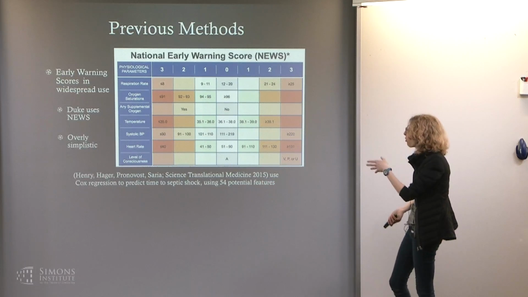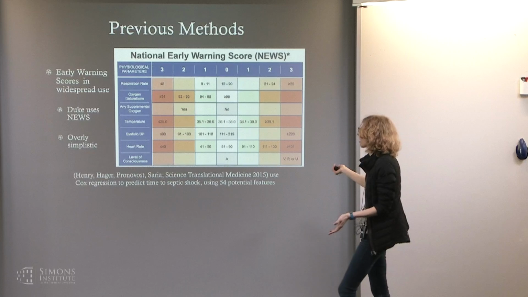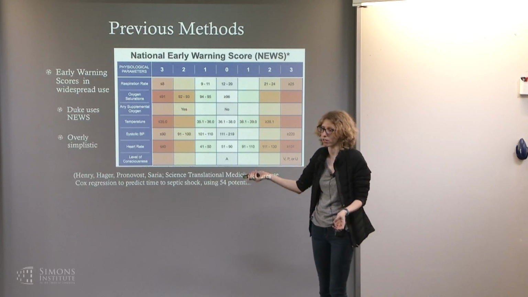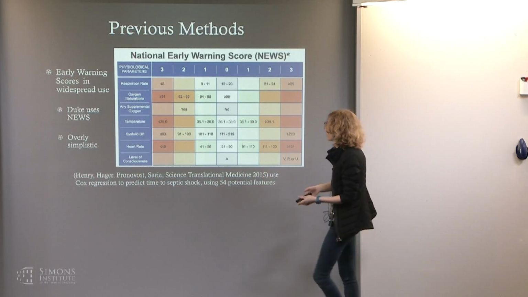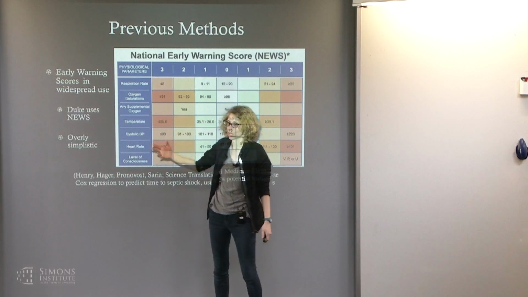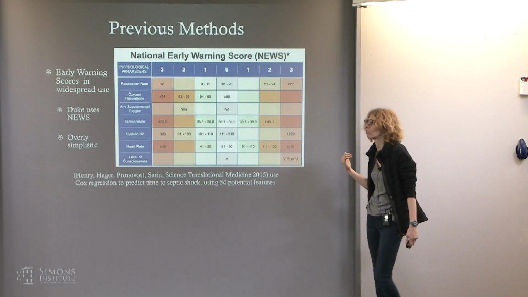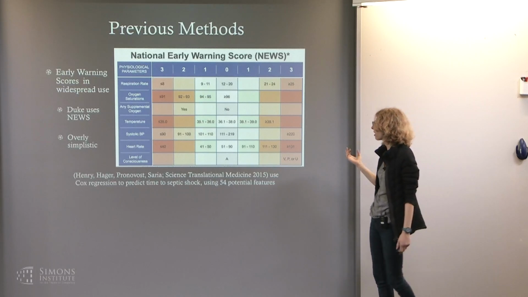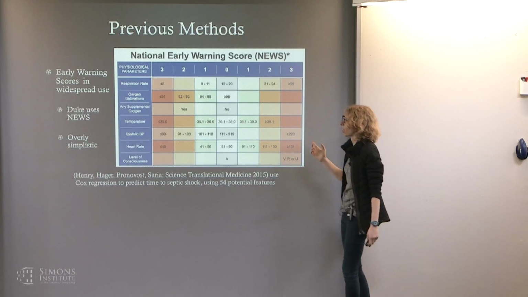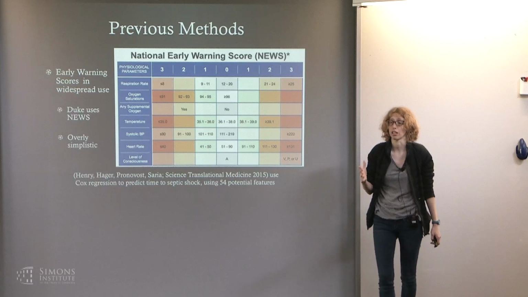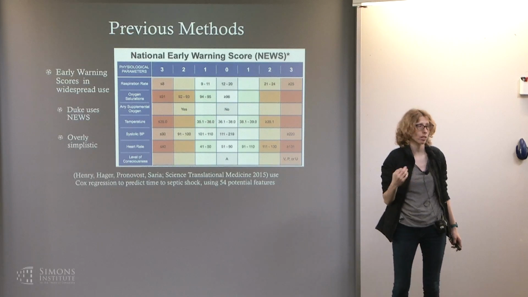One of the nice things about this is that it's incredibly interpretable. You understand what blood pressure less than 90 means. Whereas for sepsis, this is less true for some of the other stuff that I'm going to present. For sepsis, our method right now is incredibly uninterpretable. You're getting a predictive score out.